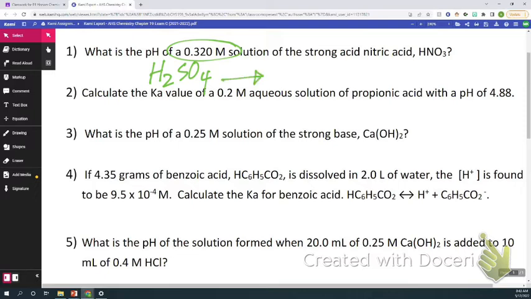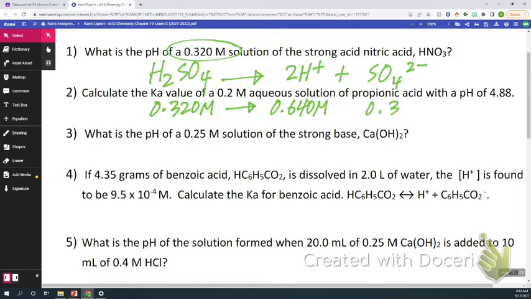The thing about H2SO4 is because there's 2 hydrogens, it's going to create 2 H pluses for every H2SO4. It's going to create 1 SO4 minus. So you know what happens to this value here? You got to double it. Over here on the right, it's going to be 0.640.